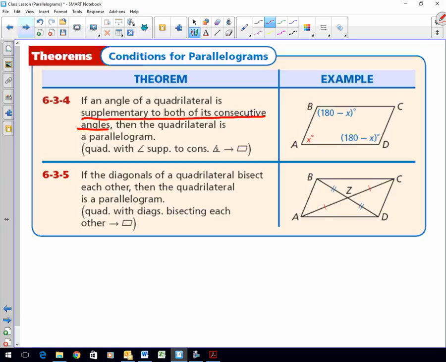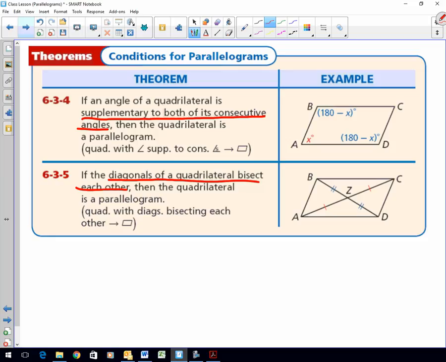Finally, if the diagonals bisect each other, well, that's like the definition, right? That was the precise thing we wrote down, correct? So that's like the rock solid thing to look for, correct? If I get both diagonals bisecting each other, both, not just one, but both, I've got a parallelogram. Don't even need to know about the angles and the sides.